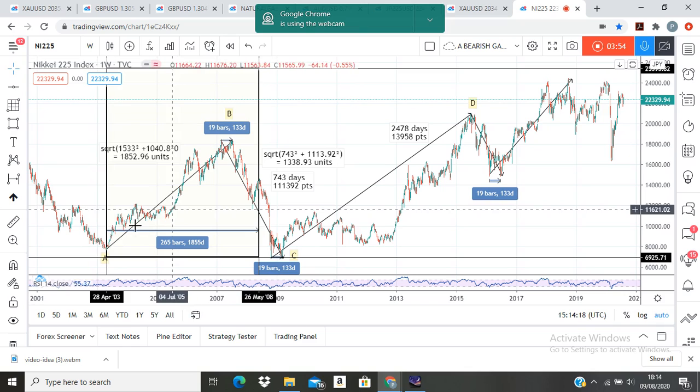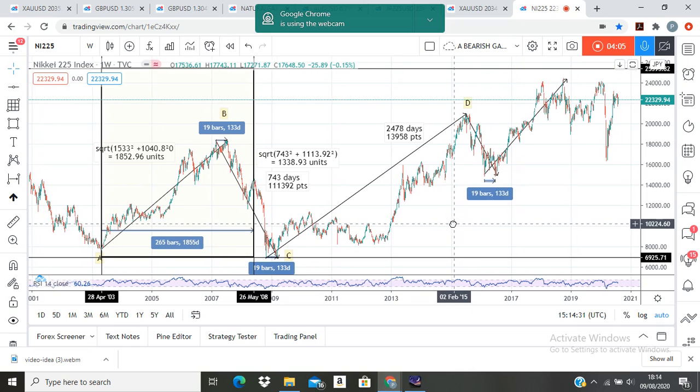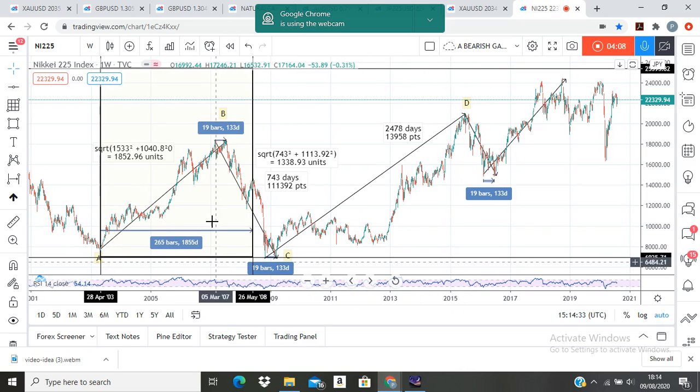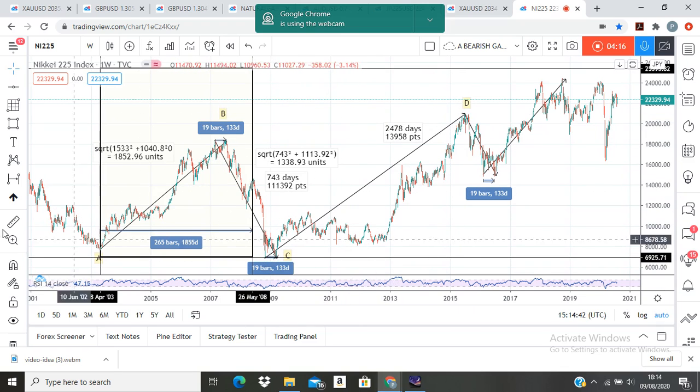Now we said this is our unit square, where we used the vector value for this swing here to create the first square in our price trend. What we are going to go through today is how we use the same principle to find the value for our CD swing.